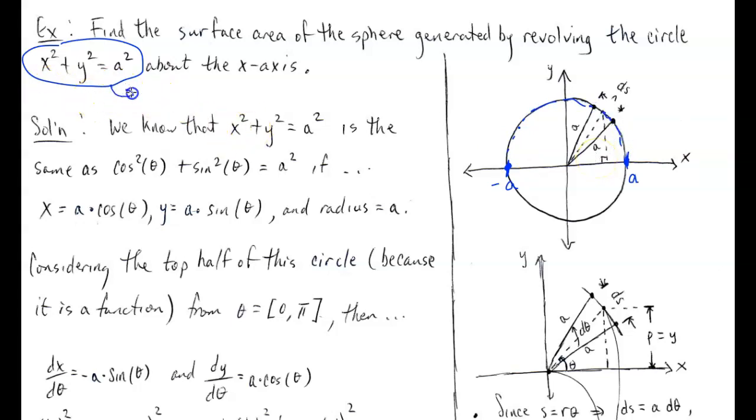Now, realize that this circle here is a circle that is centered at the origin with a radius of a, where a is assumed to be greater than 0 since it represents a distance, okay?